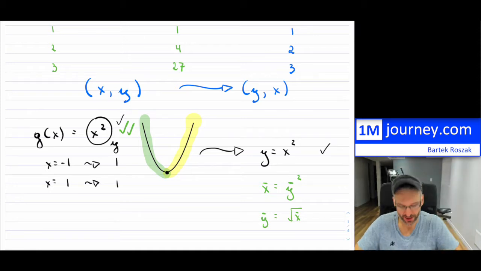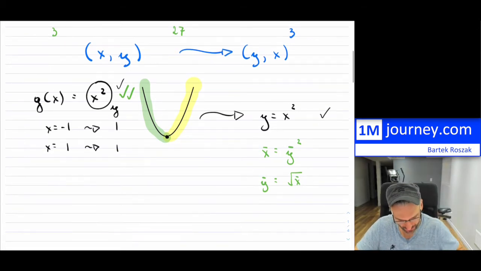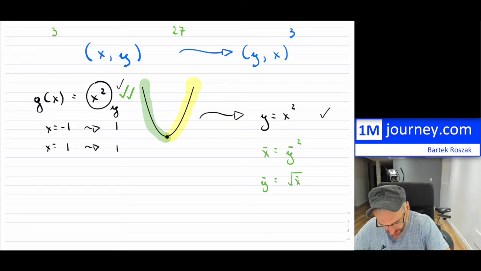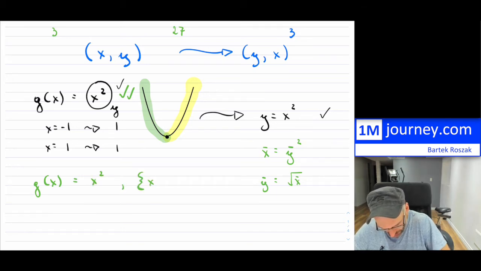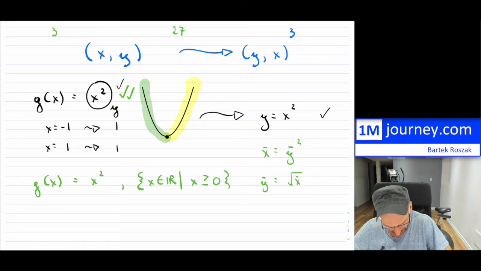You could have said, okay, I'm going to take g of x equals x squared, but I'm only going to take this for all x such that x is greater than or equal to 0, and that's this yellow that I highlighted.